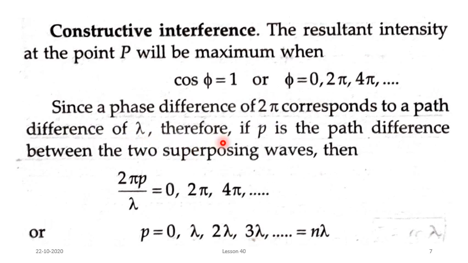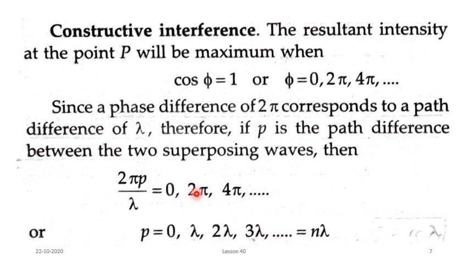As P is your path difference, we have said that path difference also depends upon your phase difference. So I will write my path difference in terms of radians. In terms of radians, it will be 2 pi P divided by lambda, which should be equivalent to your phase in order to get your bright fringe.